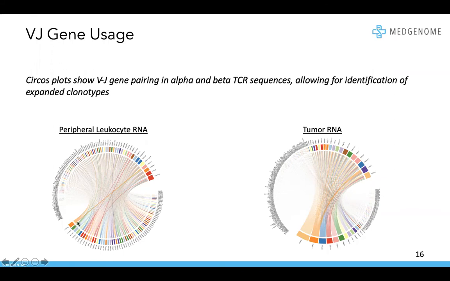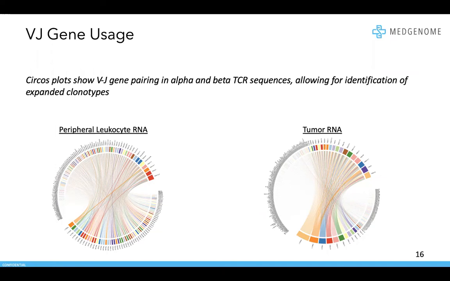And the more abundant that pairing is, the thicker these strings, these bands, are going to appear. This first one is just a healthy individual PBMC. And you can see nothing really stands out here. Of course, there are some bands that are thicker than others, and this could just be the individuals themselves, whatever's going on in their system.